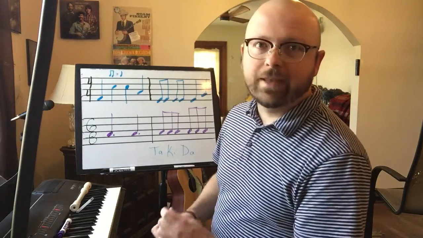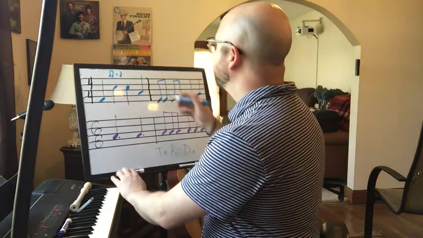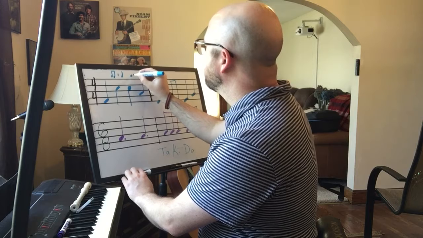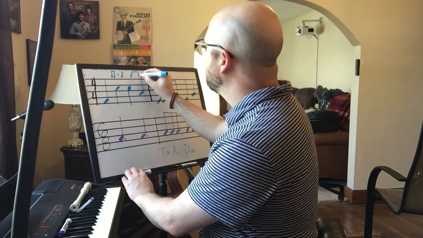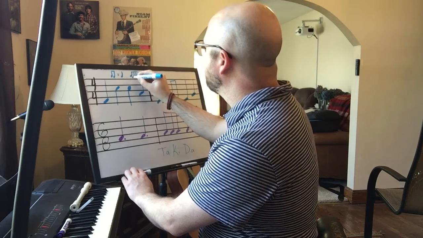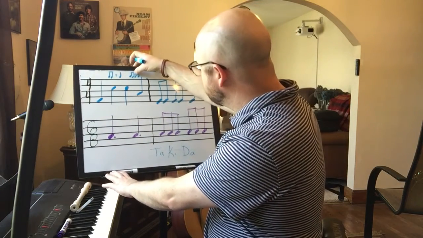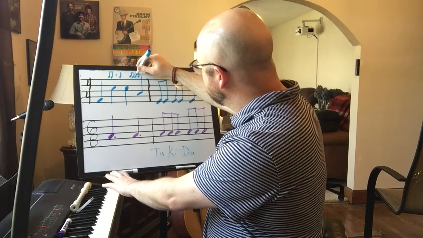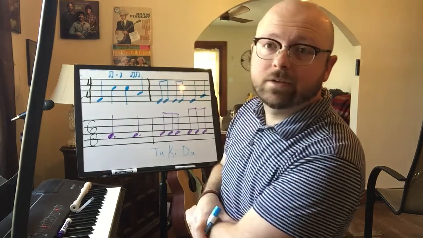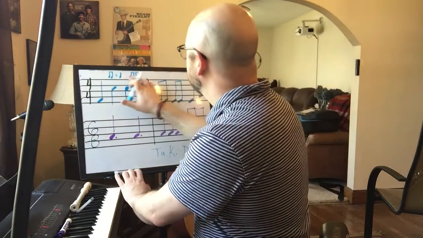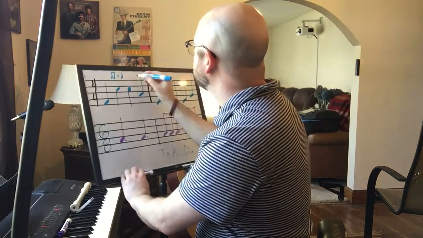All right, so here's some math for you. What do 4 eighth notes equal? And remember, I could write them grouped together in 4, or I could write them together in 2 groups of 2.